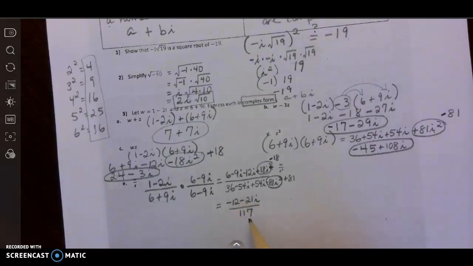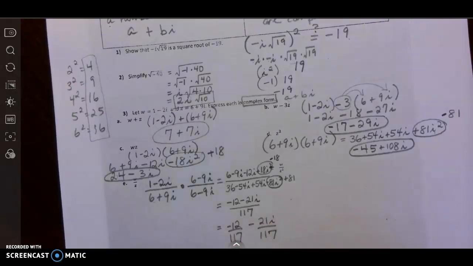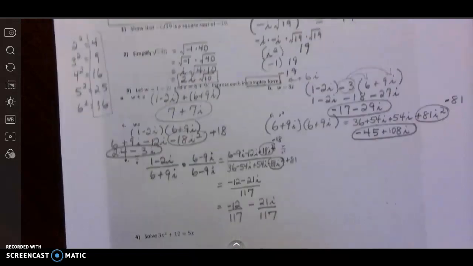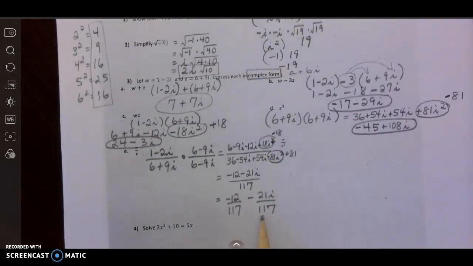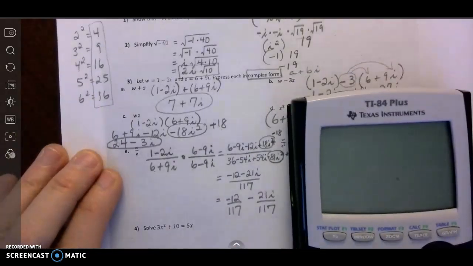This is one way to write the answer. Another way to write the answer is negative 12 over 117 minus 21i over 117. The advantage to writing it this way is you can use your calculator to make sure you put everything in lowest terms.